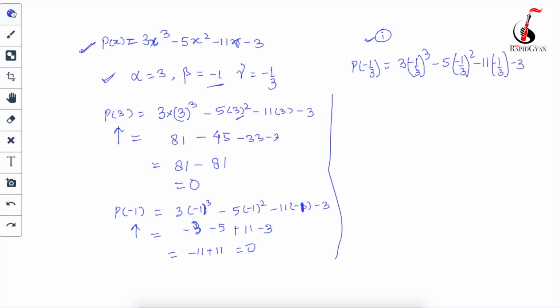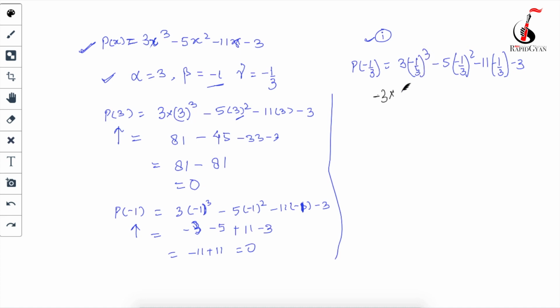Okay, so let's solve this. So this will become 3, and minus 1 by 3 cube is nothing but, I will take the minus outside. So this will be minus multiplied by 1 upon 3 cube.